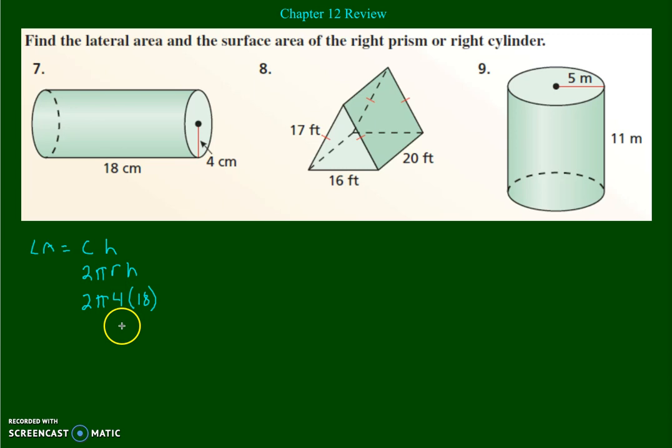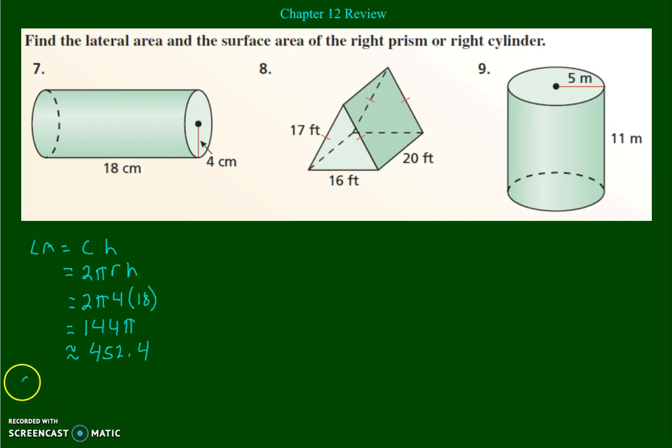We put that in our calculator, and that is 144 pi as the exact value, or the approximate value, 452.4. So that's the lateral area.